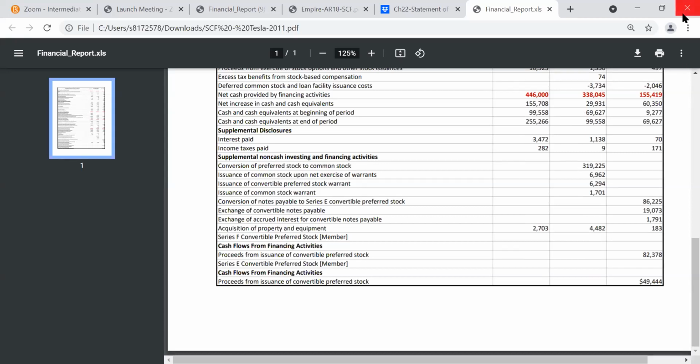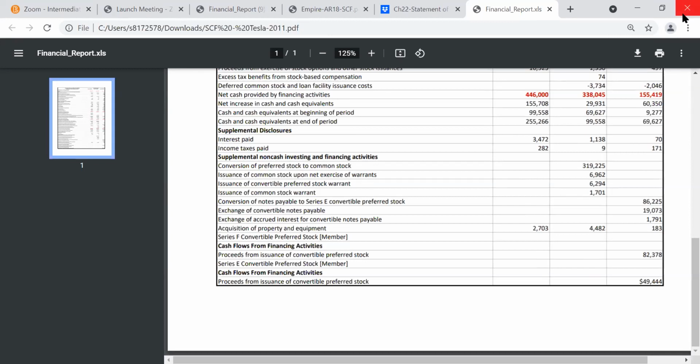Let me just sum it up, because you do need to answer the question about how to read a statement. When you answer the question, what is the main source of cash, main use of cash, focus on the 3 categories, operating activity first, right? And then you can go into a little bit of detail.